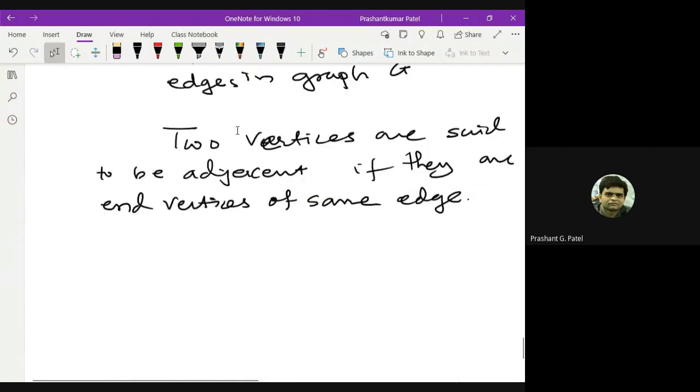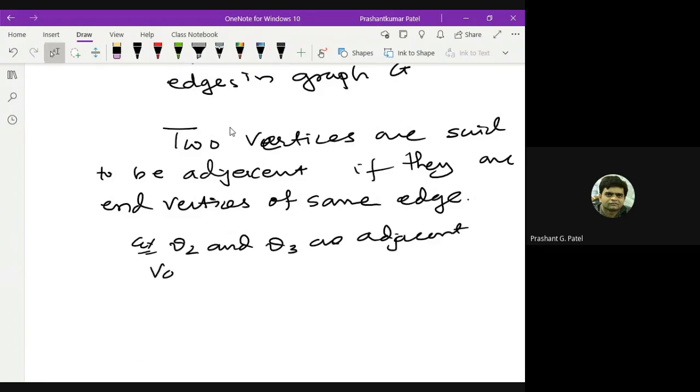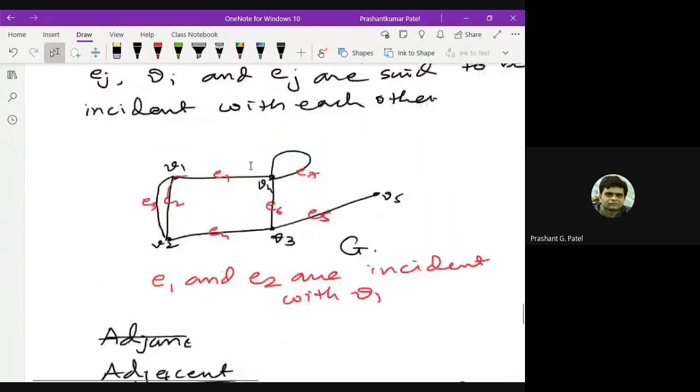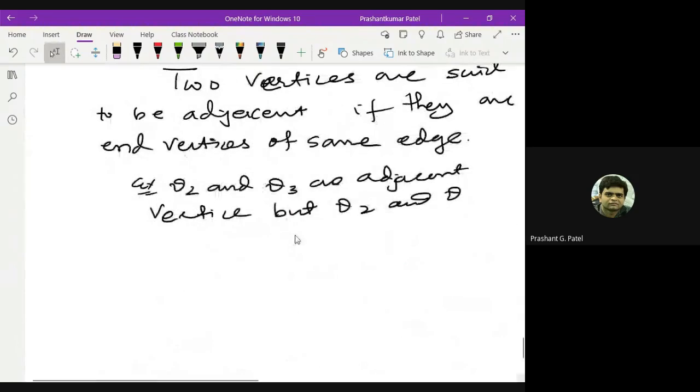So as an example, V2 and V3 are adjacent vertices, but V2 and V4 are not adjacent vertices.